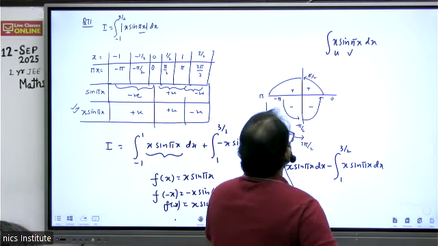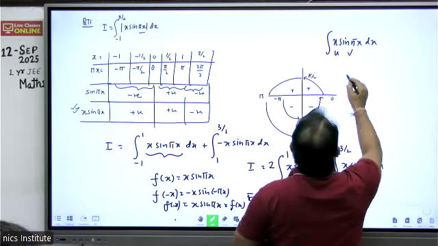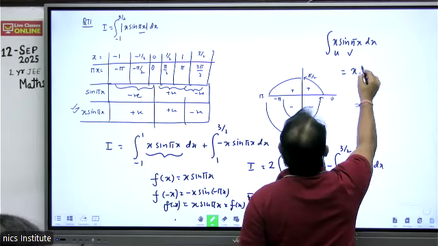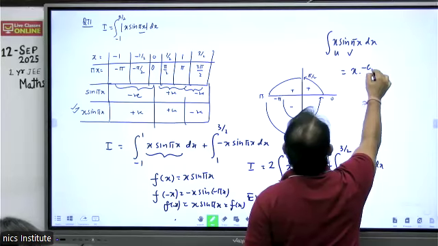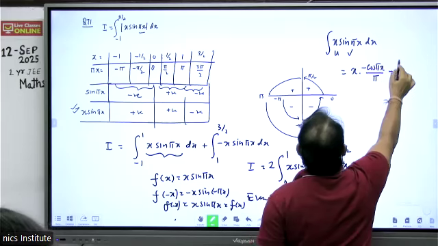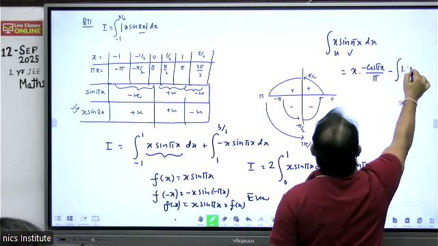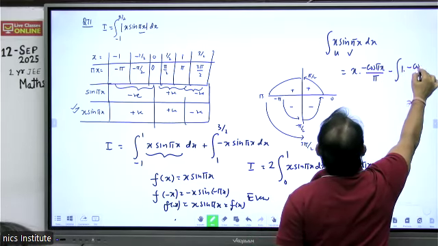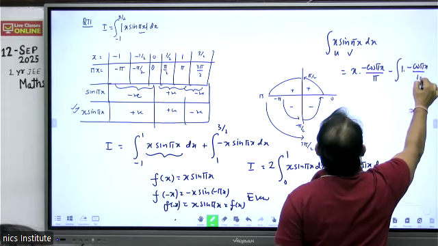So when you integrate by parts, x as it is, integration of sine pi x is minus cos pi x by pi. Derivative of x is 1.